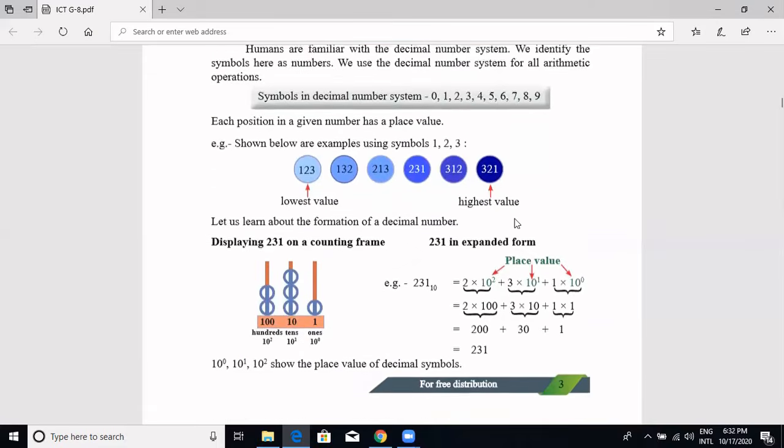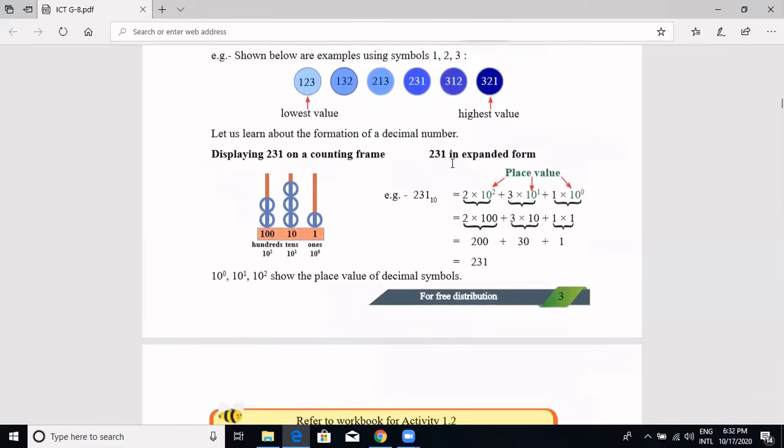And here they have shown you the abacus. Remember abacus? You are in grade 8 now. You may have learned abacus in grade 2, 3, 4 at that age, right? So 2, 3, 1 in these rods, can you see the balls are there? In here, the one ball represents ones, that means its value is 1. 1 into 1 is 1.